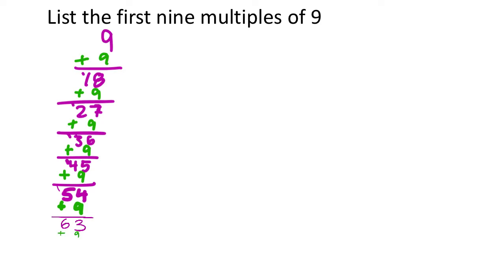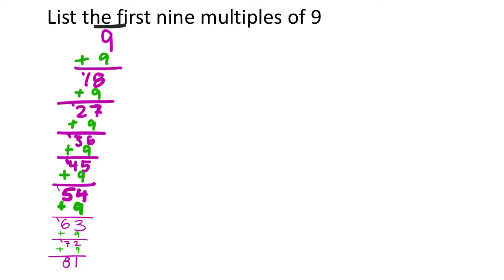Then plus another 9 right here. So 63, that's the seventh multiple. 3 plus 9 is 12. Carry the 1. 1 plus 6 is 7. Eighth multiple, we just need one more. Let's add another 9 there. And 2 plus 9 is 11. Carry the 1. 1 plus 7 is 8. There we go. There's our first 9 multiples of 9.